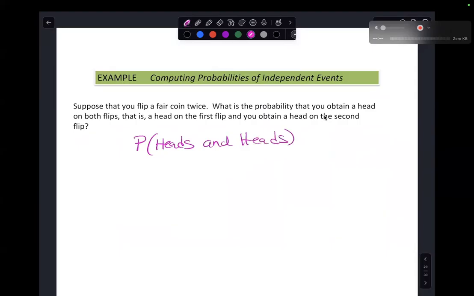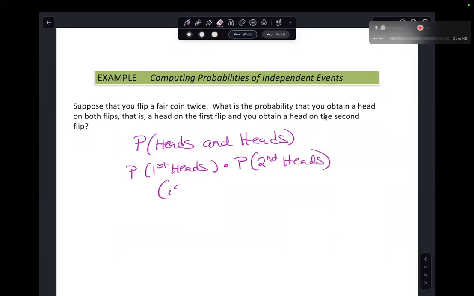So the way that we do this is probability first heads times the probability second heads. You already have it, I haven't even finished writing it. So 0.5 times 0.5. You are right. It is 0.25. So the probability that both of them are heads is 0.25 or 25%.